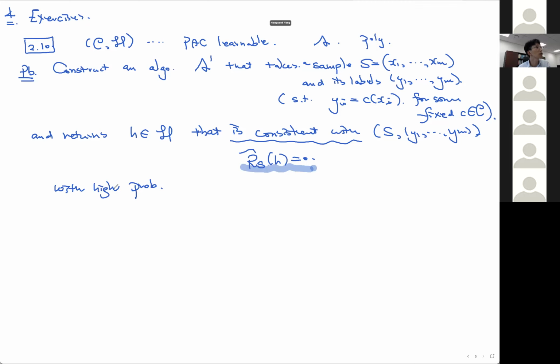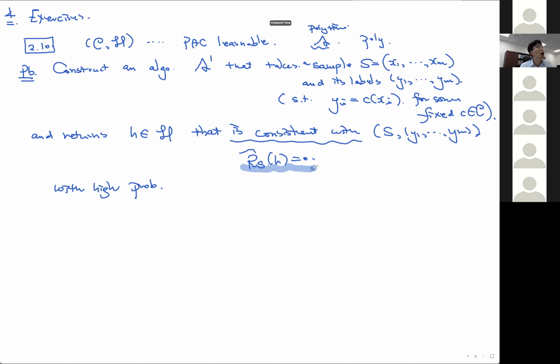This high probability means, for any of the measures that we care about, if we just run this algorithm a little bit longer, polynomial in the given polynomial time, then it will produce this consistent hypothesis with high probability.